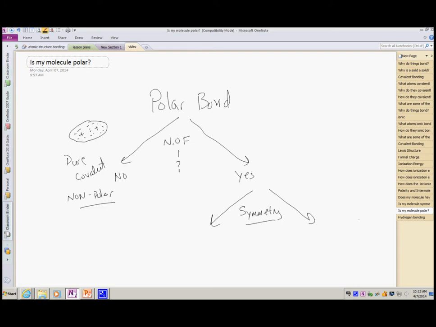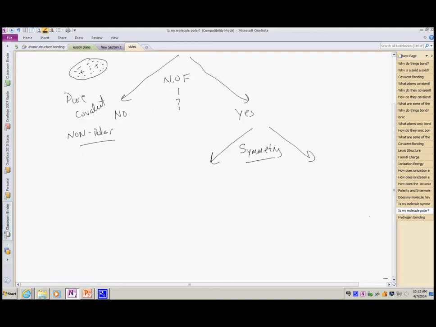Meaning that we have the opportunity for an atom to have symmetry, yes, and not to have symmetry, no. If we have symmetry, means that we have, let's say, a highly electronegative atom bound to some other atom, let's just put X and Y here, but it's balanced in all directions.